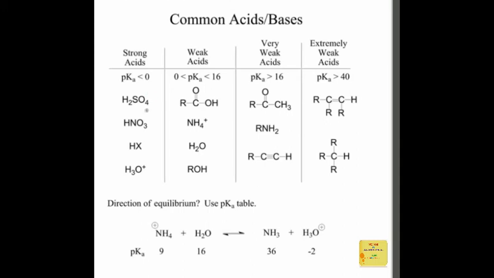And these are ones that you should already be familiar with, things like sulfuric acid, nitric acid, the halo acids, HCl, HBr, HI. We'll see those a lot throughout organic chemistry. H3O+. Anytime you see any of these structures as part of your reaction conditions or as a reagent, you should immediately recognize them as strong acids.